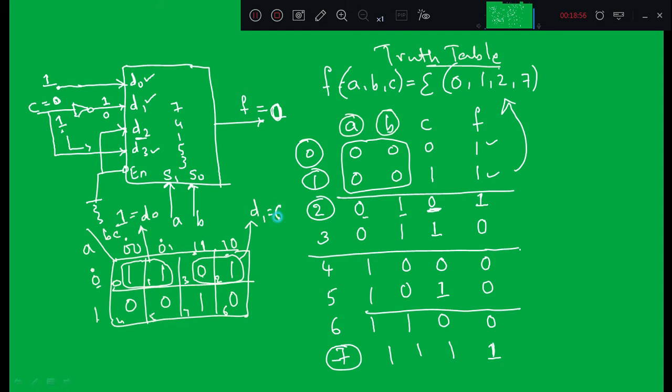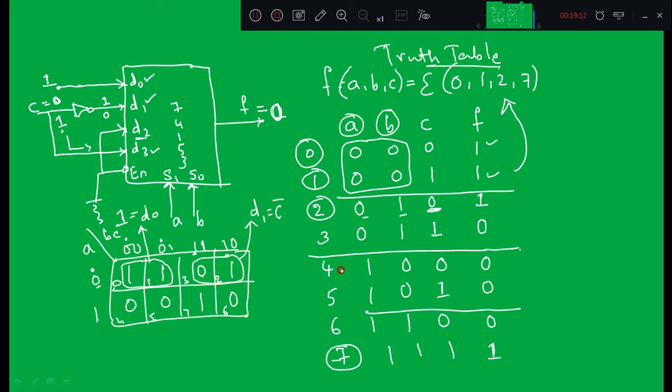So it is complement. So D1 will be equal to C bar. Similarly, we are not maintaining the rules of K-map we used to follow in the first module, so again we are grouping zeros and ones, which is not possible in a normal K-map.